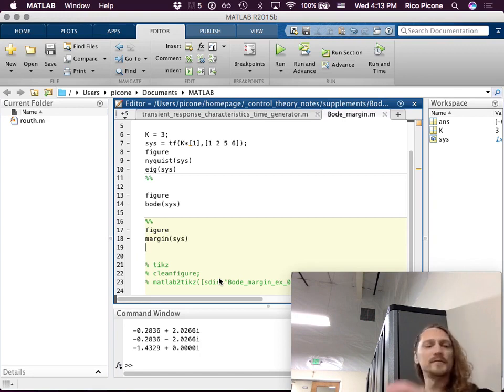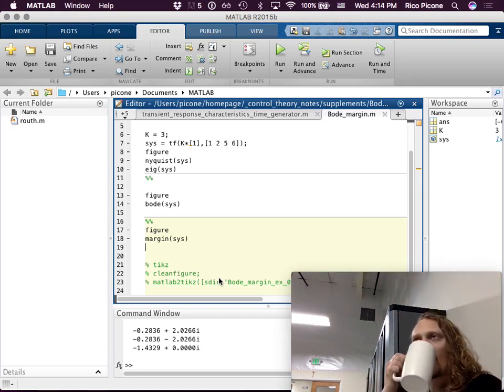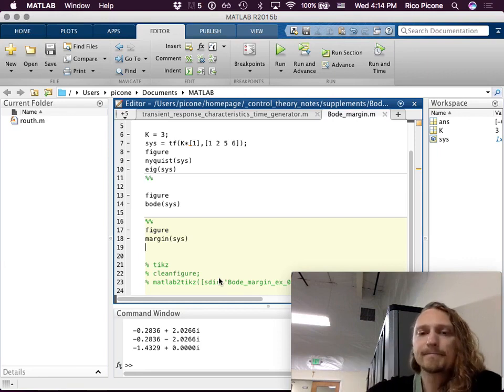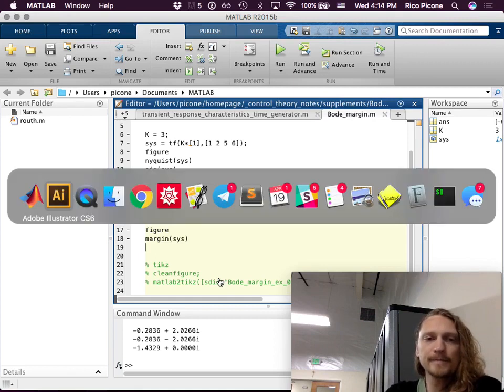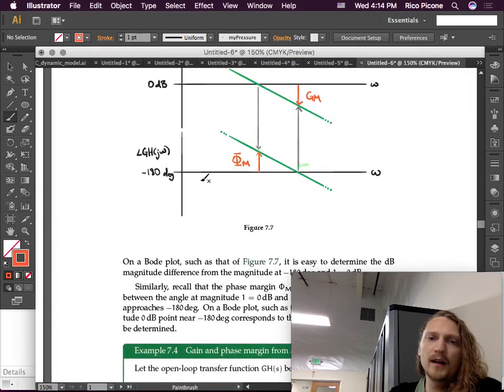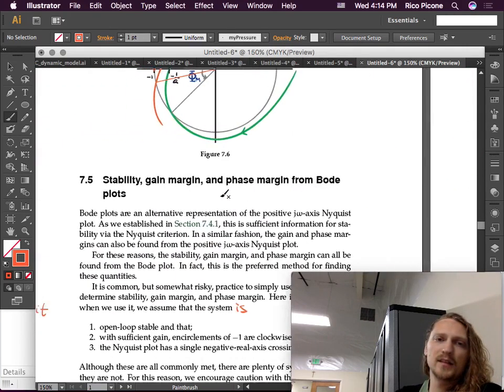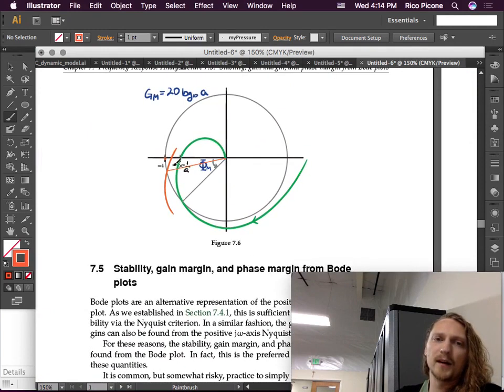Yeah. The phase margin. Is that telling us how much phase we can change until it goes unstable? It tells you essentially how close you are to going unstable, and I'll explain it in terms of this diagram.